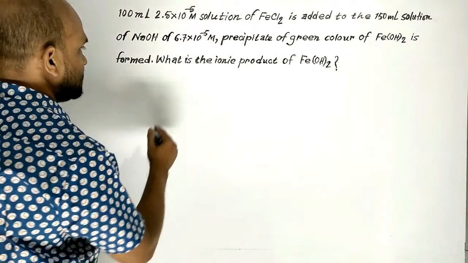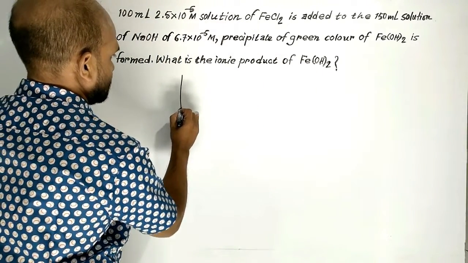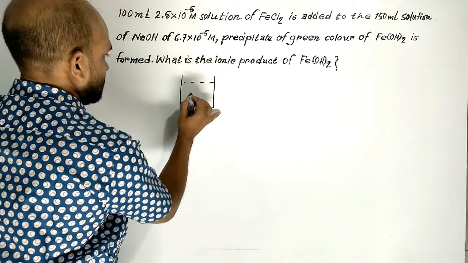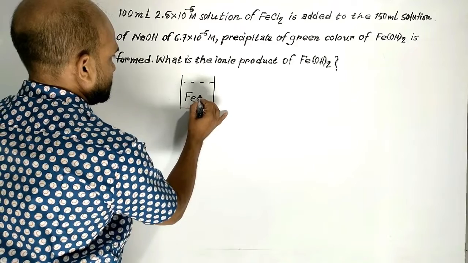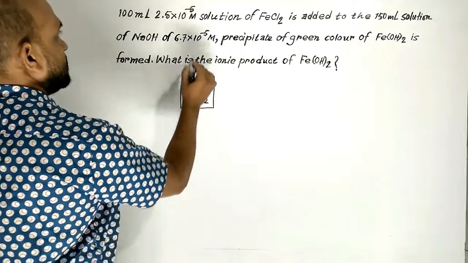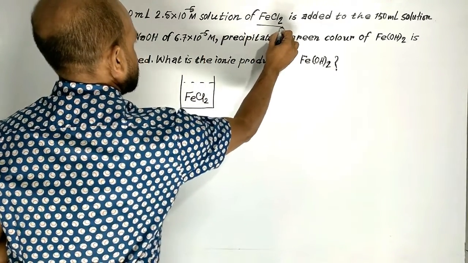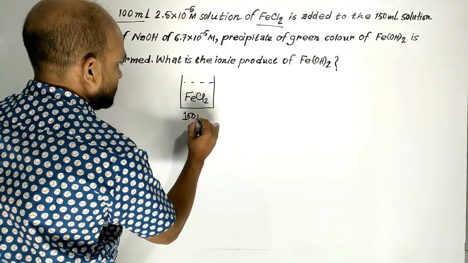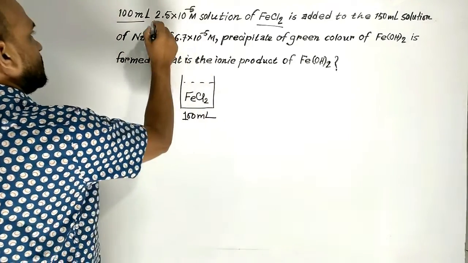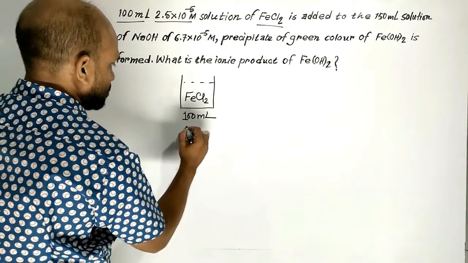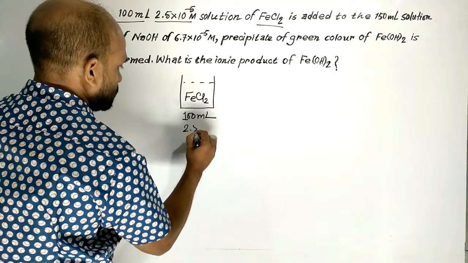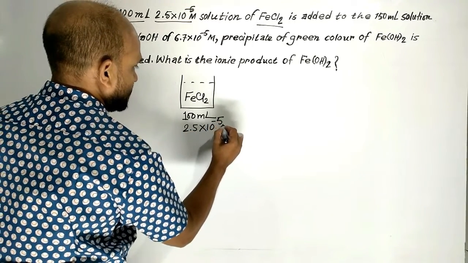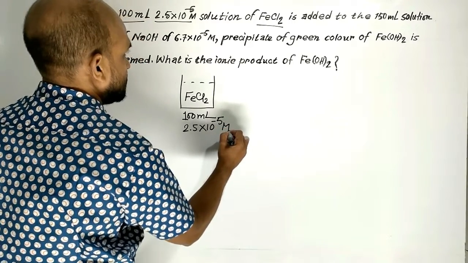What is the ionic product of ferrous hydroxide? Let us simplify the problem. One solution of ferrous chloride solution. Its volume is 100 milliliter. Strength of this solution is 2.5 times 10 to the power minus 5 molar.